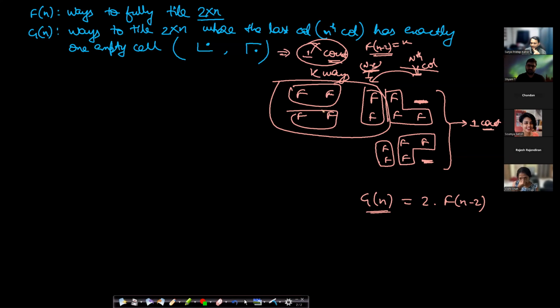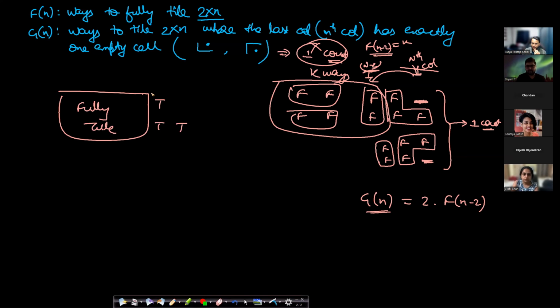Yeah, so let's say that it is completely full here. Let's say fully tiled. And after this, you had Tromino here. And this is your n minus 1th column. And this is your nth column. So my question is, can I generate one empty cell in the nth column?